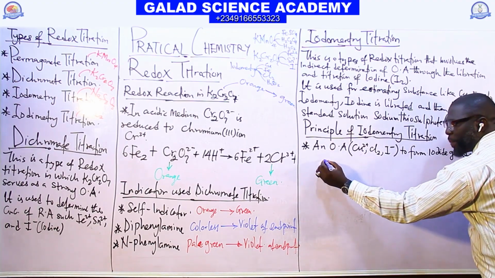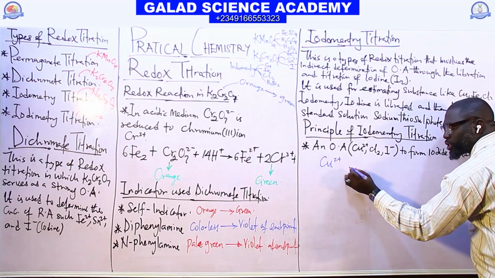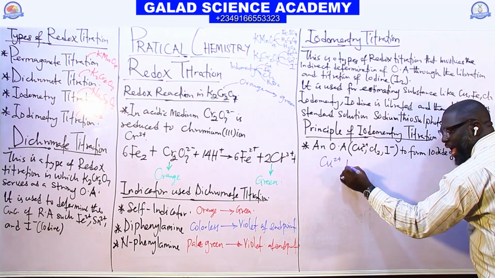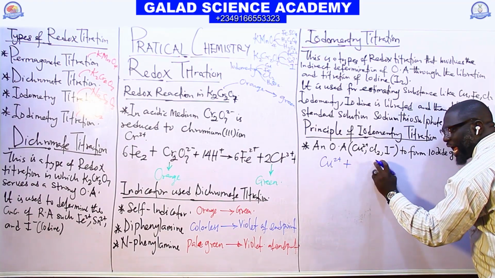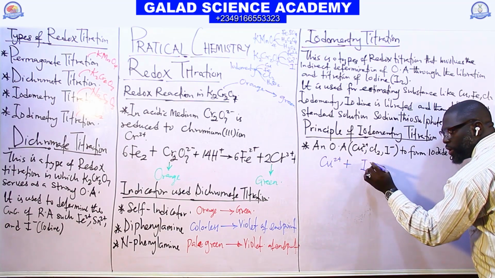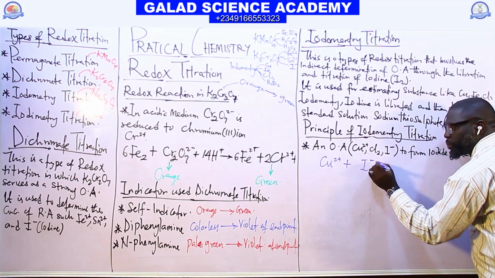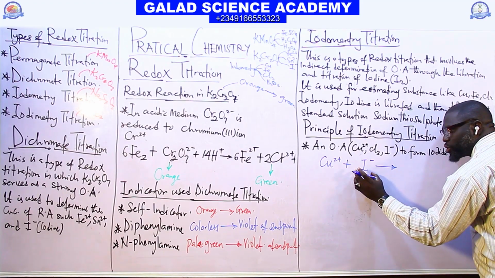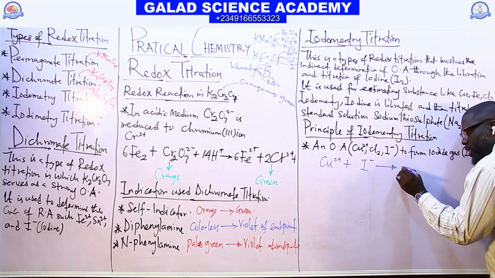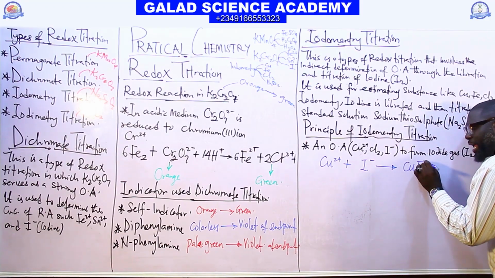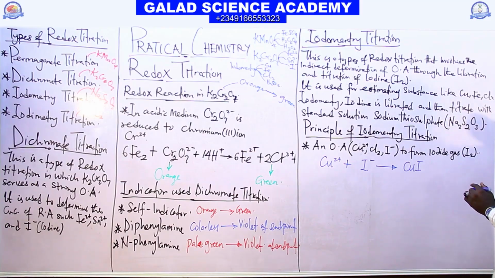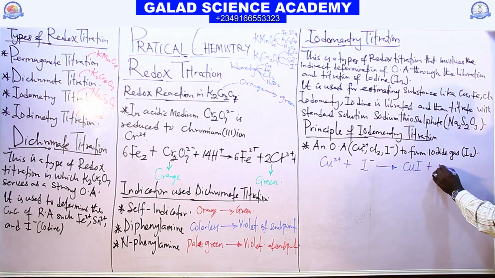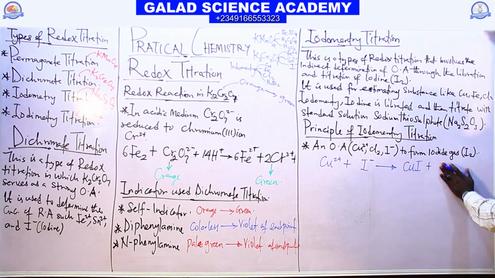Look at the reaction for that. If we have copper 2 plus, now react with the iodide salt, but this iodide salt is majorly potassium iodide. When this copper reacts with this iodide salt, it will now give us copper iodide plus iodine molecule.